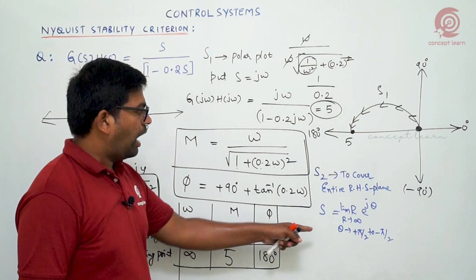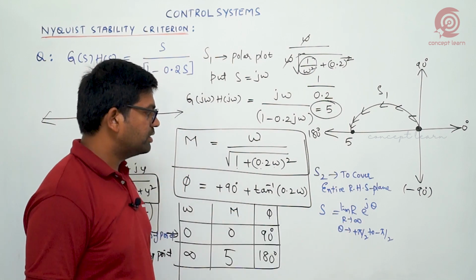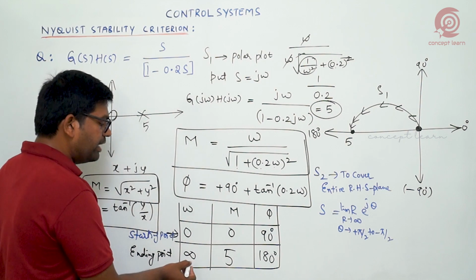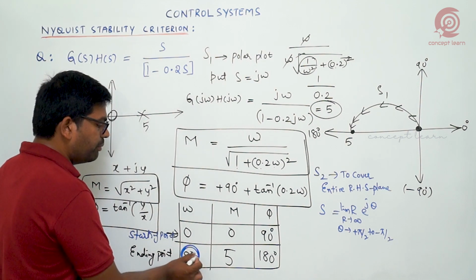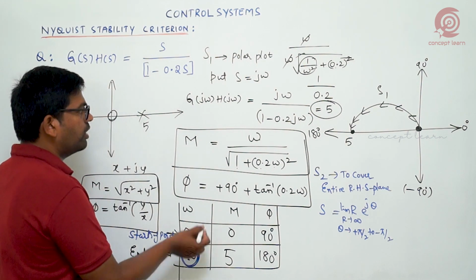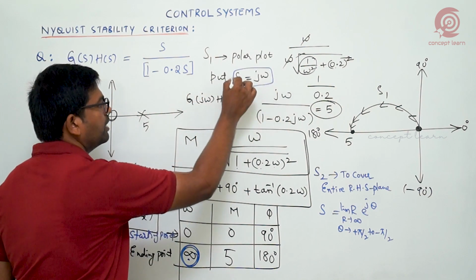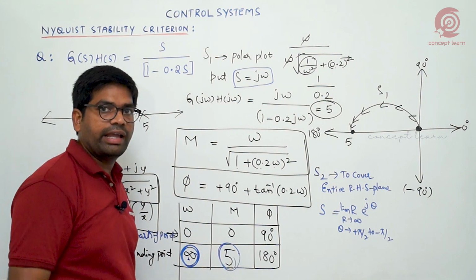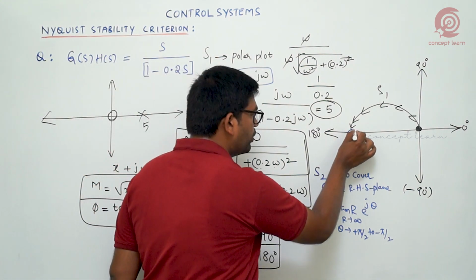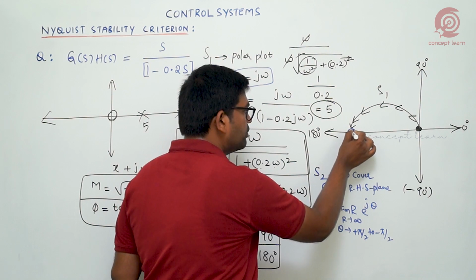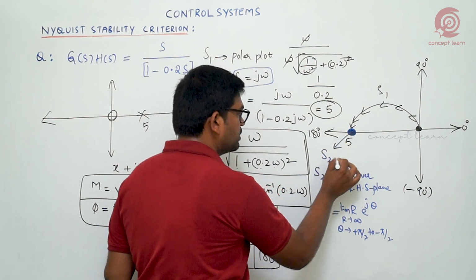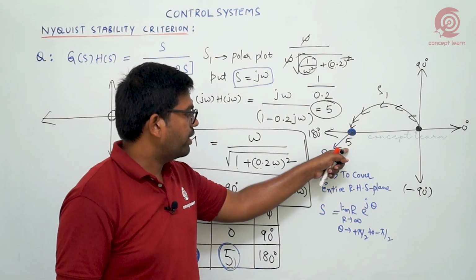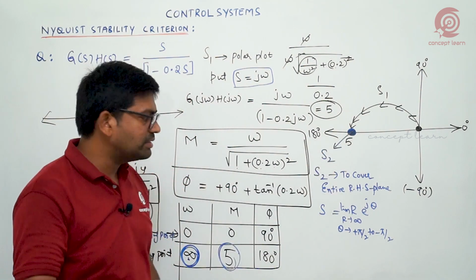But here r tends to infinity means wherever S is there, S tends to infinity. That we already did in finding the polar plot ending point. Omega tends to infinity or S tends to infinity, both are same. When you substitute infinity, what is the value we got? 5 at an angle of 180 means this point only indicates our S2 path. When you cover the entire right hand side of the S plane, we are getting location only at 5.